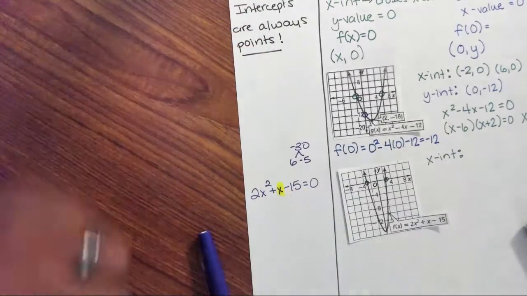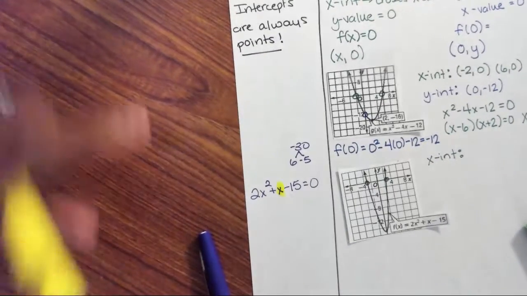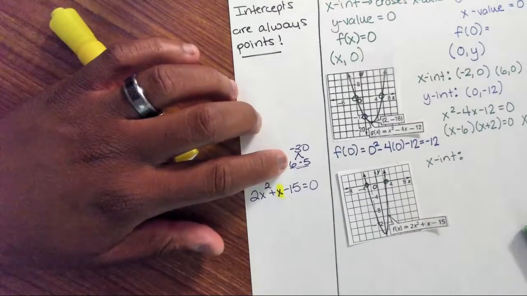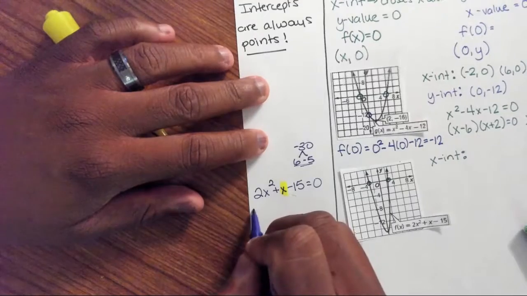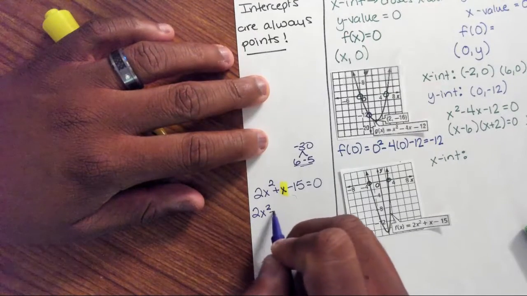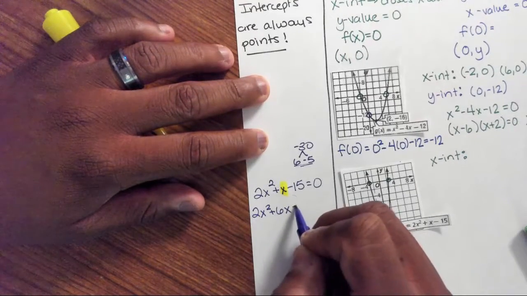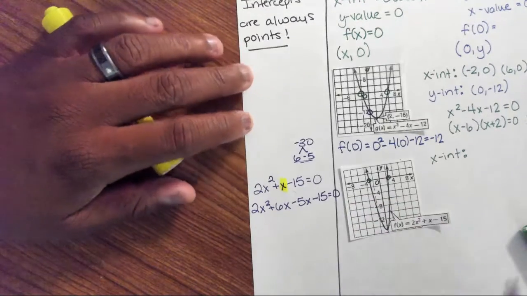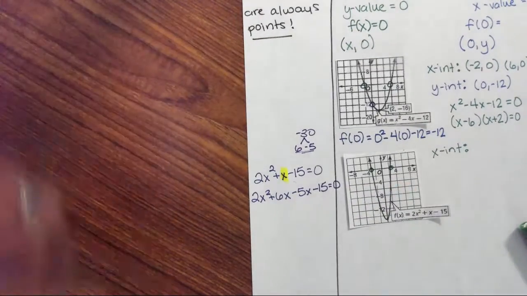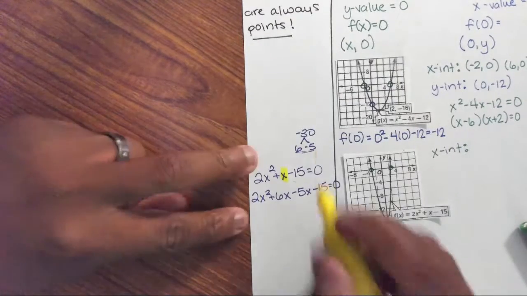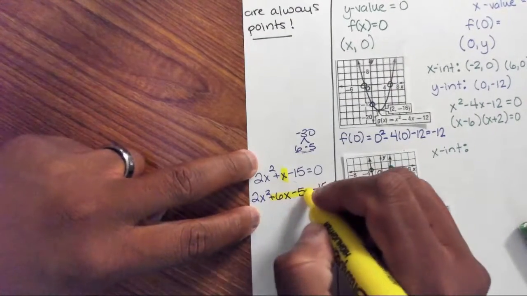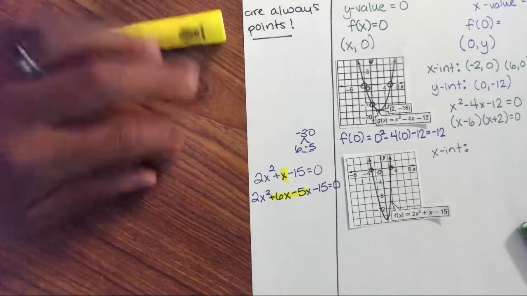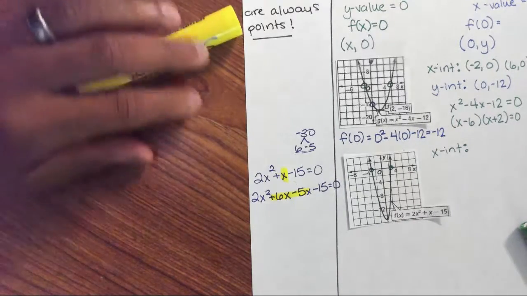I'm going to take these two factors and rewrite the middle term just like this: 2x squared plus 6x minus 5x minus 15 is equal to 0. See what I've done here? What is 6x minus 5x? It's still x, right? Everybody understand that? I have not changed the problem any.